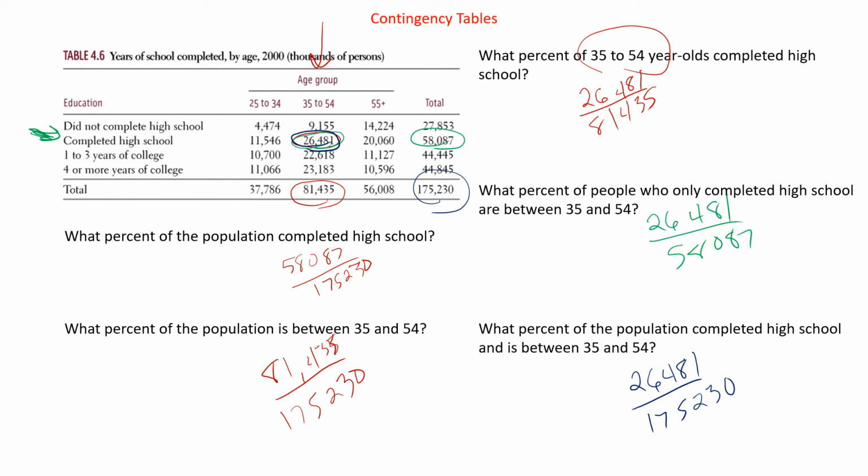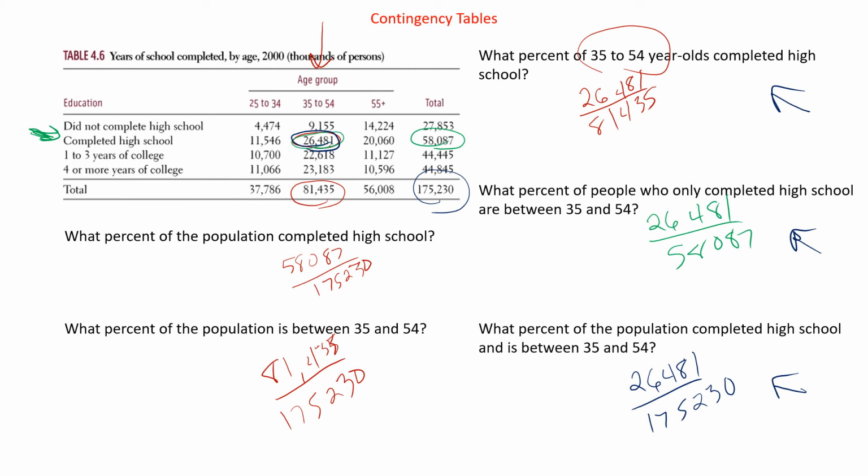And you'll do all the row totals, or all the row percentages, or all the column percentages, or all the table percentages. This would be a table percentage because it's over the table. The row percentages were the ones that were over the rows, and the column percentages were the ones that were over the columns. And so sometimes you need all of them. And so you do it the same way.